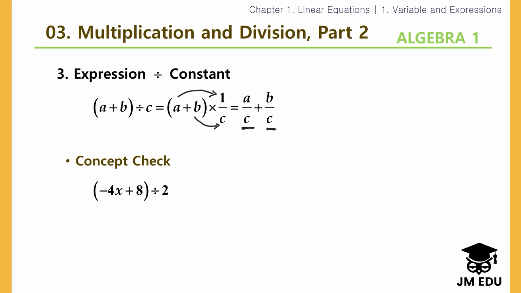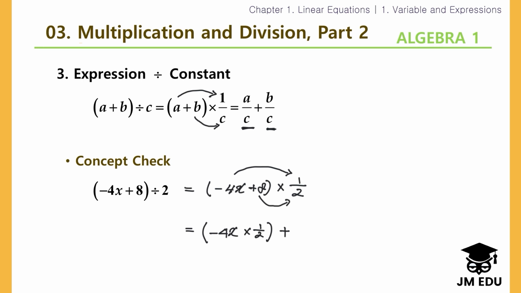Okay, let's try this example right here. Concept check. We have a division, so the first thing we have to do is convert that division to multiplication, times 2 becomes 1 over 2, right? So that is equal to, by the distributive property, negative 4x times 1 over 2 plus a times 1 over 2.